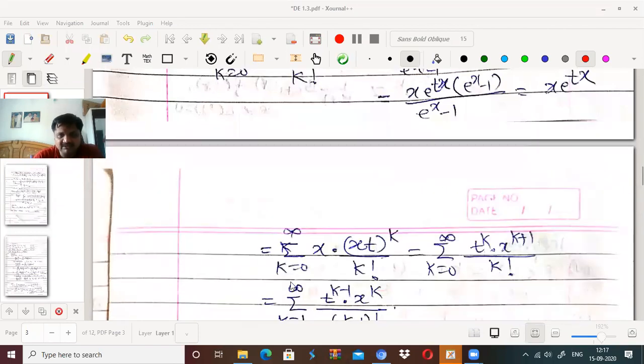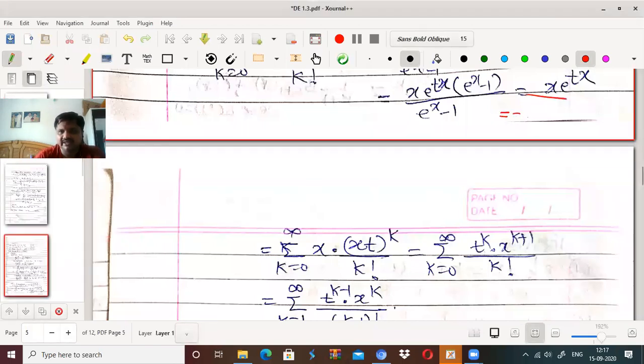Therefore summation from k equal to 0 to infinity x into (xt) to the power k upon k factorial. Why is this obtained? As this series is x into e to the power x, can I write this is equal to x into e to the power x? For that the formula is summation from k equal to 0 to infinity (xt) to the power k upon k factorial.